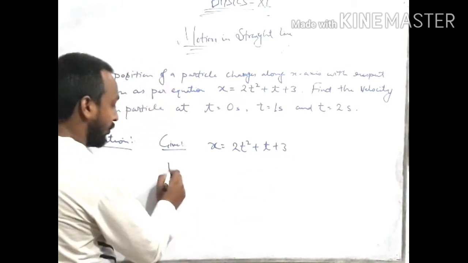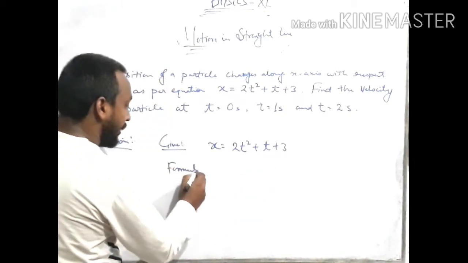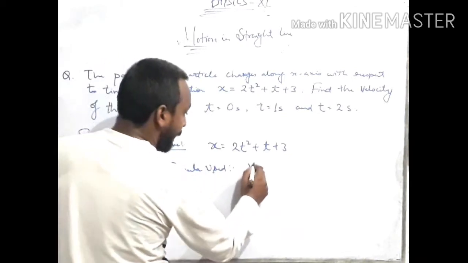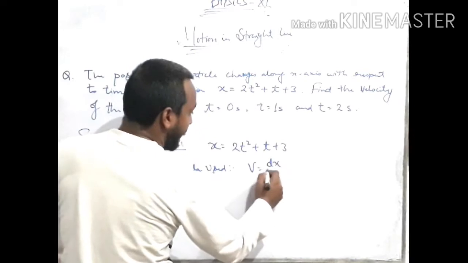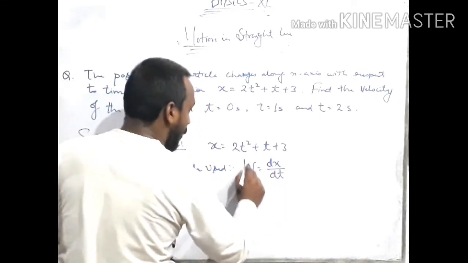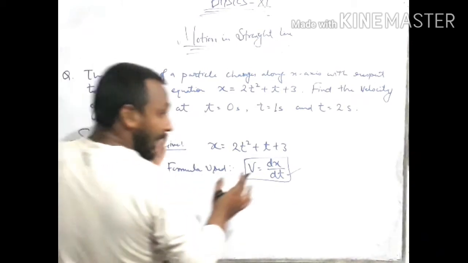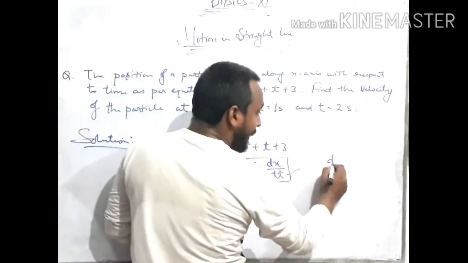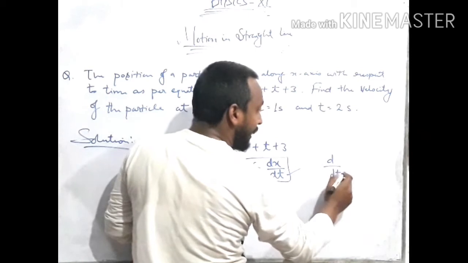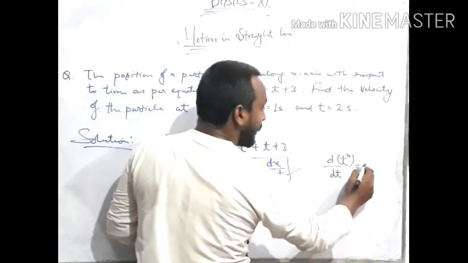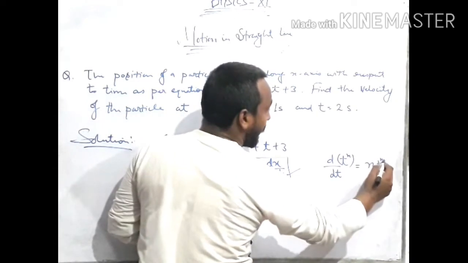The formula that we will use here is v equals dx by dt. One may ask, how to solve dx by dt? I will tell you that d by dt of t to the power n gives n t to the power n minus 1.